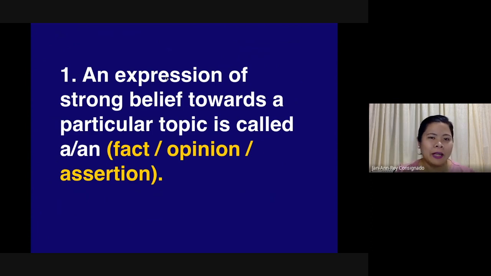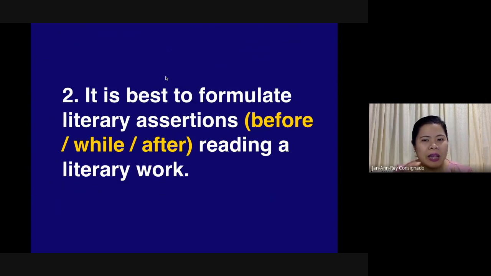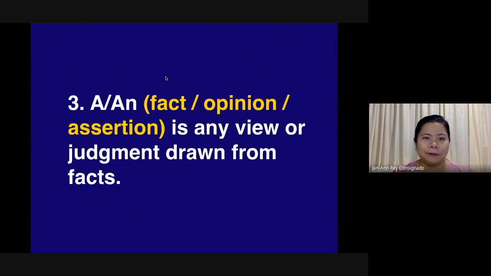Thank you. Next, it is best to formulate literary assertions before, while, after reading a literary work. I will repeat. It is best to formulate literary assertions before, while, after reading a literary work.